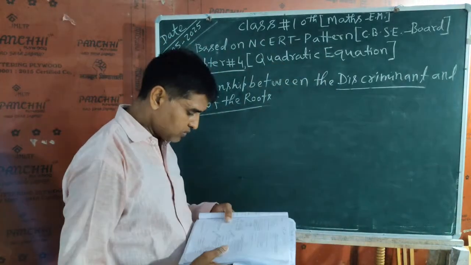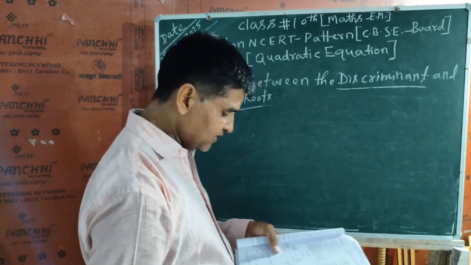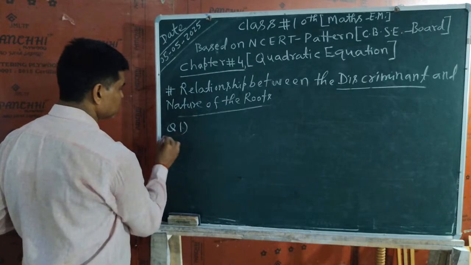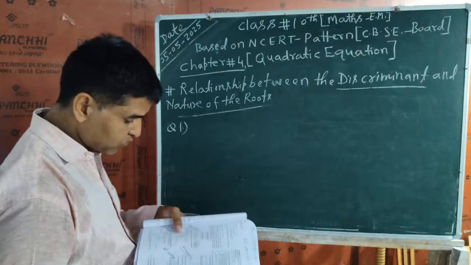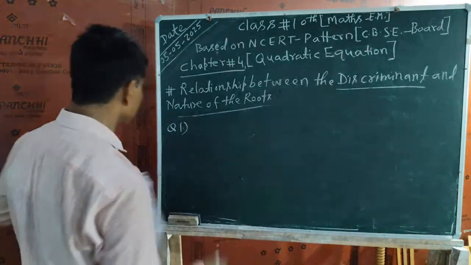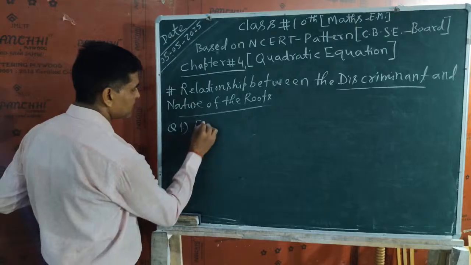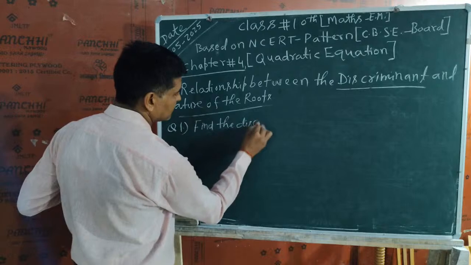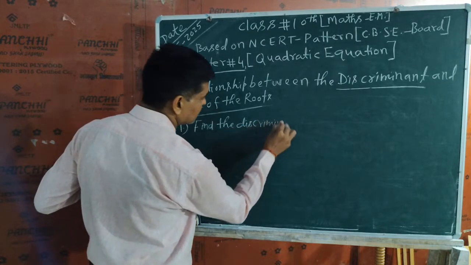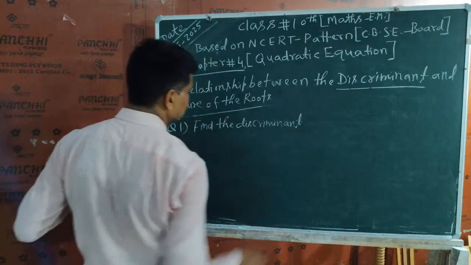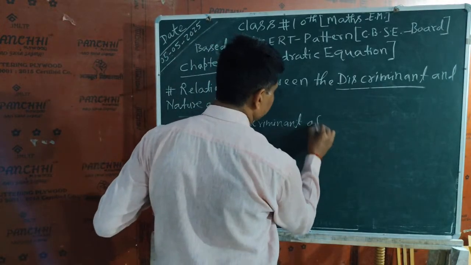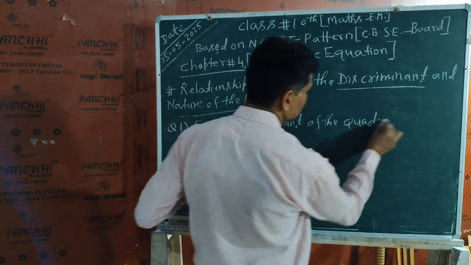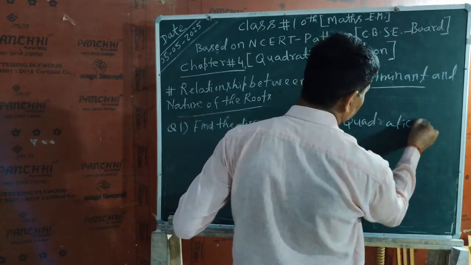Now I am going to write the question. Find the discriminant. First question number 1: find the discriminant of the quadratic equation.